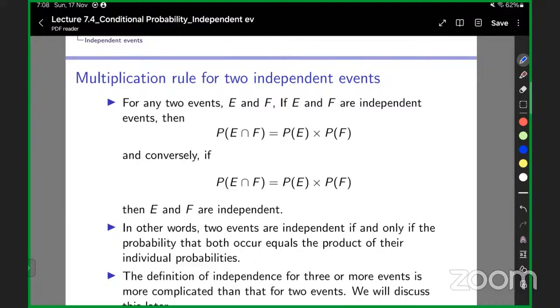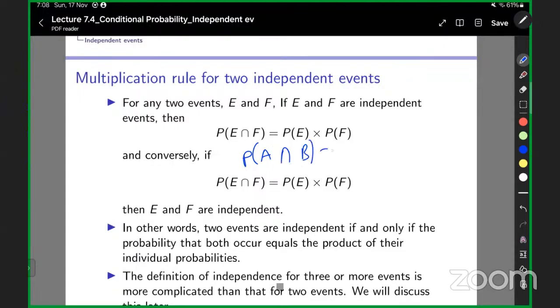Sir, one more formula we know: P of A intersection B equal to P of B into P of A minus B. P of A intersection B equal to P of B into P of A minus B. Is it P of A intersection B plus P of A intersection B?